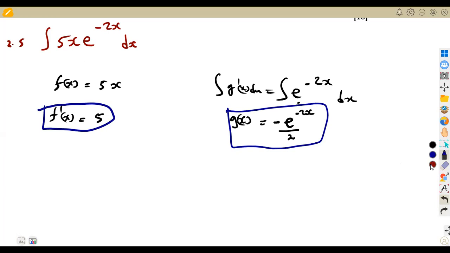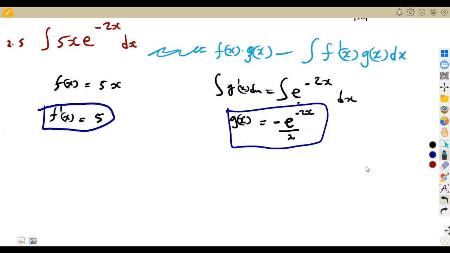So remember, by parts formula, whatever that you're going to integrate is going to be the product of f of x by gx minus the integral of f prime x gx dx. All right, the integral of this and that, whatever that you have there, which is the one that we split here.